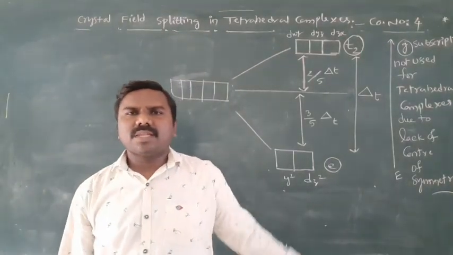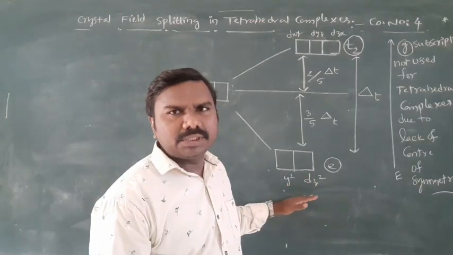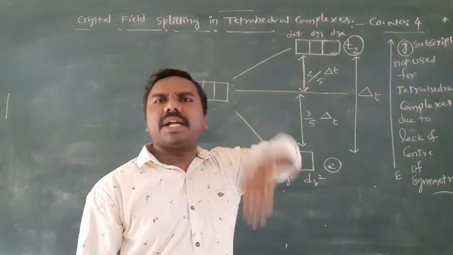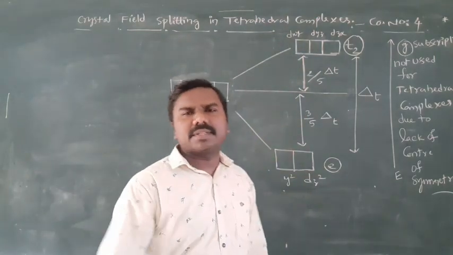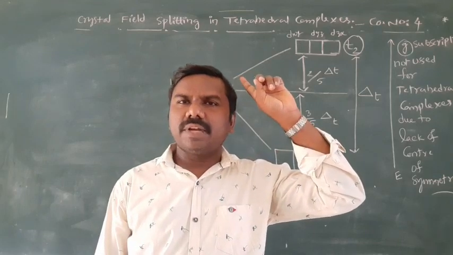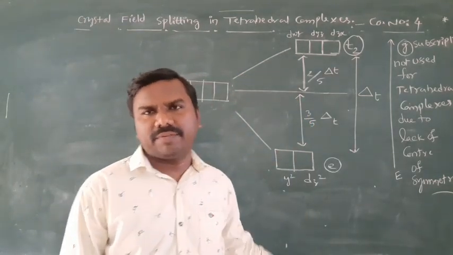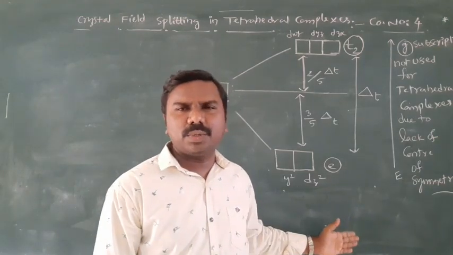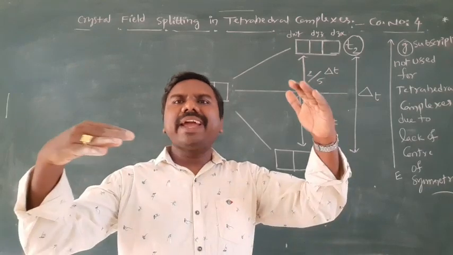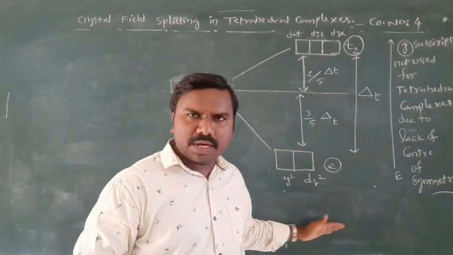Students, as per the diagram, in octahedral complexes T2g is down and eg is up. But in tetrahedral complexes, it is reverse, because the octahedral arrangement of ligands is different from the tetrahedral arrangement of ligands. The eg orbitals and the ligand approaching direction are different, so less repulsions and lower energy.